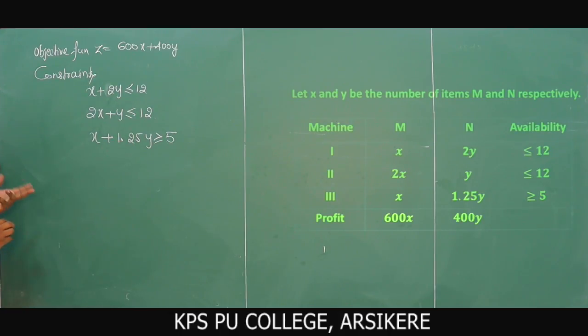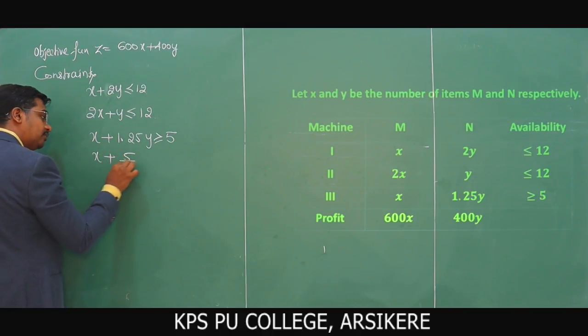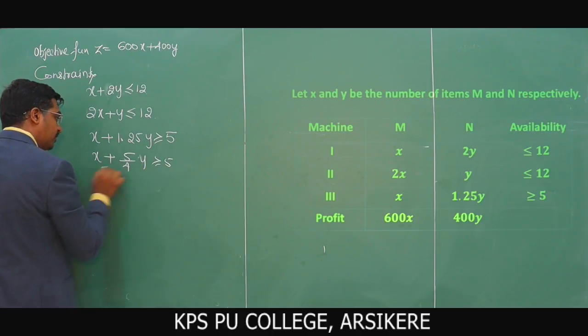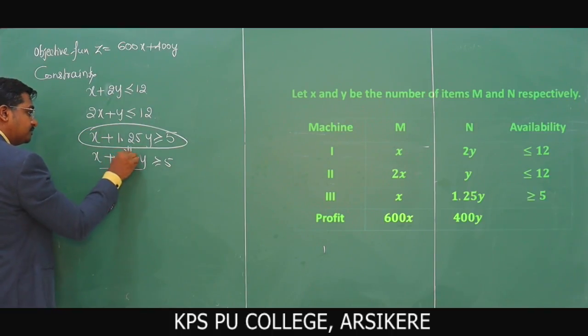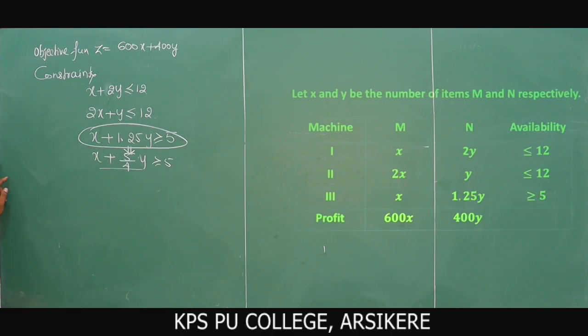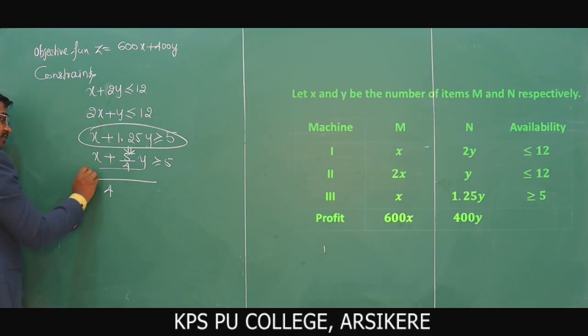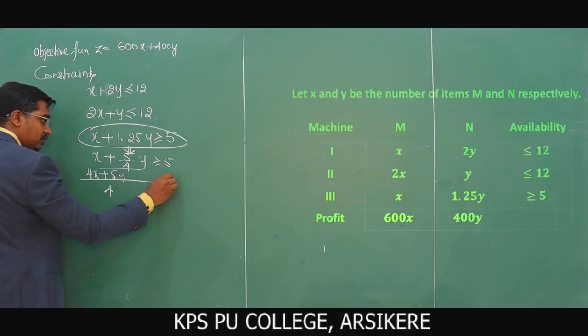Now 1.25 is there, so I will write the decimal in fraction form: x plus 5 divided by 4 into y is greater than or equal to 5. This becomes the third constraint. Taking 4 as LCM, 4 into x becomes 4x plus 5y is greater than or equal to 5.